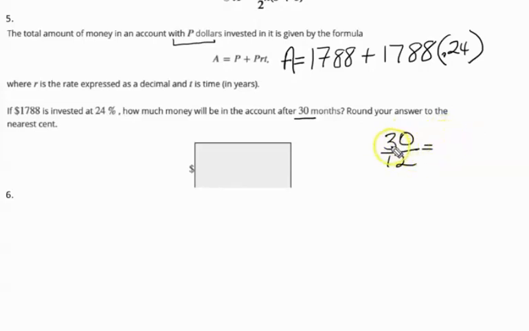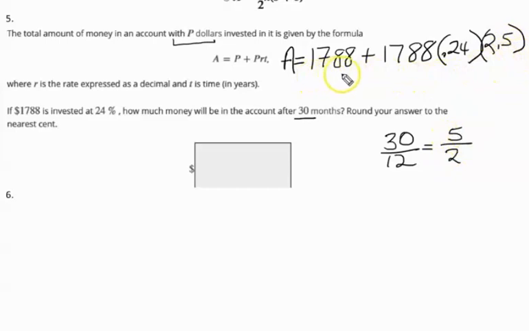I could take a 6 out of there and get 5, a 6 out of there and get 2, but I can leave that as a decimal 2.5. 2 goes in the 5 twice with a half left over.